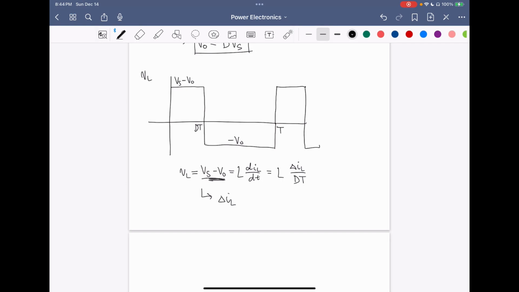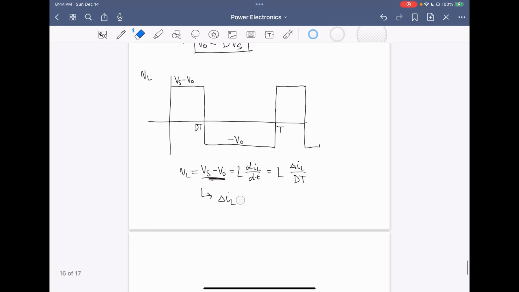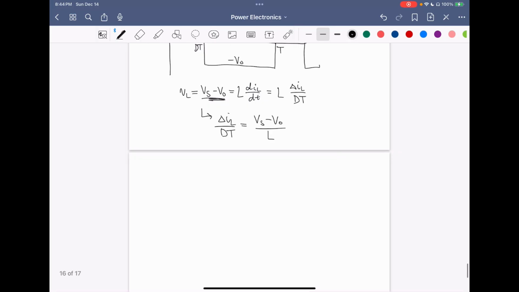If we solve for the change in inductor current, we have change in IL over dt equals Vs minus Vo over L. Likewise, for the d prime t interval, change in IL over d prime t equals negative Vo over L.